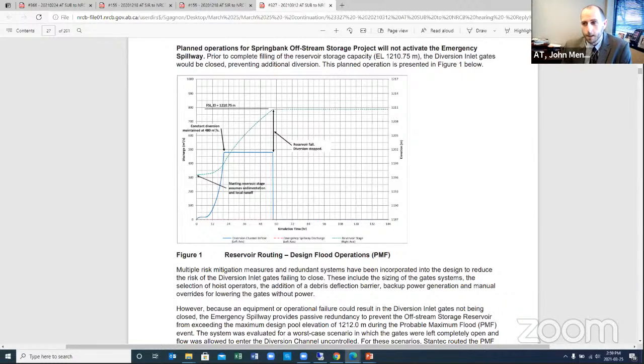It would take less time to empty it at a lower elevation. If, for instance, a 1 in 100 year event has the reservoir roughly half full, it would result in a drawdown time much closer to 20 days or so.